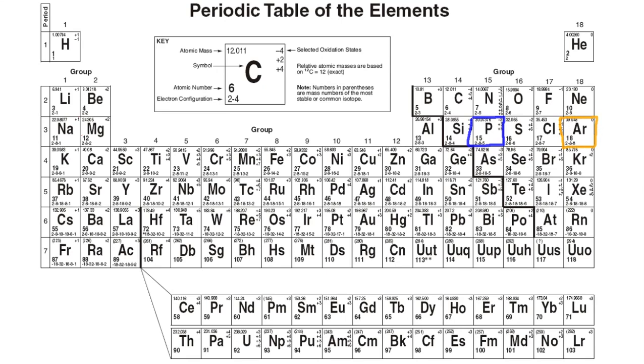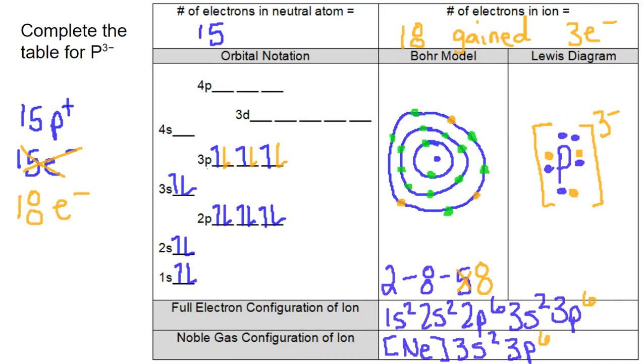So you could write the noble gas configuration like we have it here, but most chemists would realize that all of this is identical to the electron configuration for argon. So the preferred way to write this would be just argon in brackets. Okay, and that's the noble gas configuration of the ion.